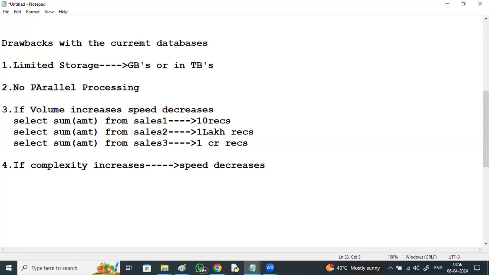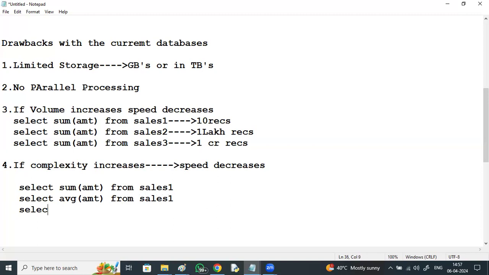To justify this: if I select the total amount from sales 1, then the average amount from sales 1, the same table, and then the standard deviation of amount from sales 1, each of these runs over 1 lakh records.